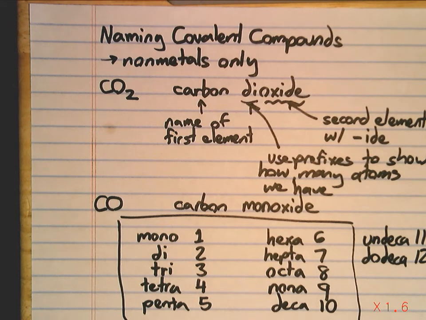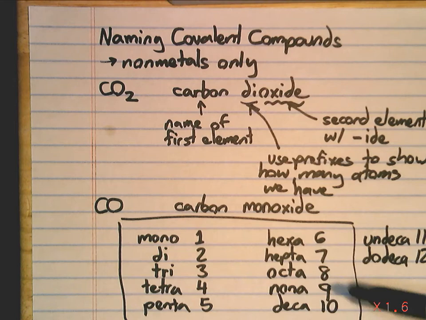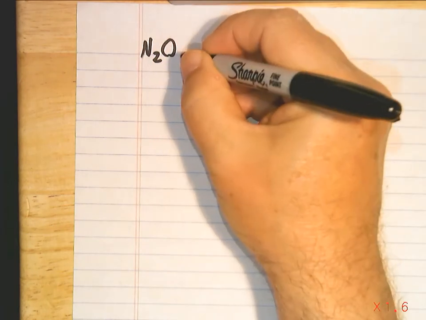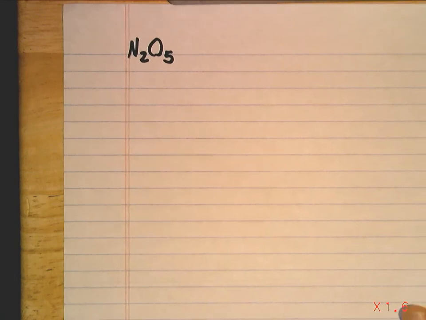All right, let's practice naming some covalent compounds. And we'll use these prefixes. Suppose I have this compound which is produced as a component of smog out of the tailpipes of cars.